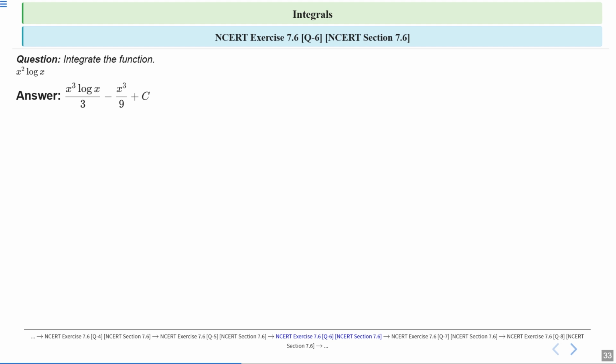The answer is x cube log x by 3 minus x cube by 9 plus constant of integration, that is c.